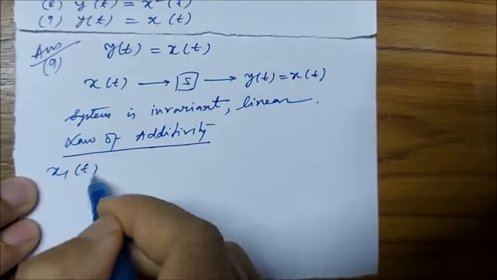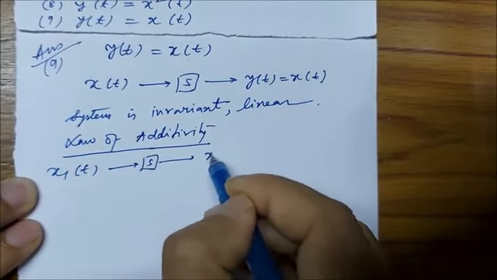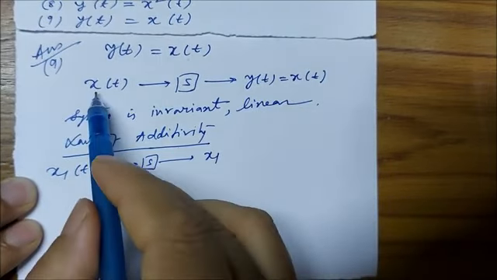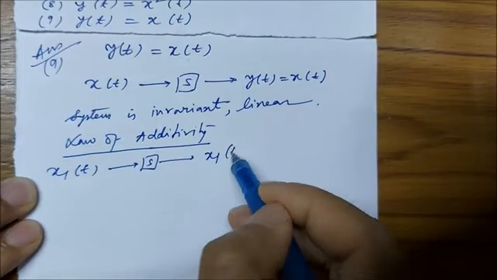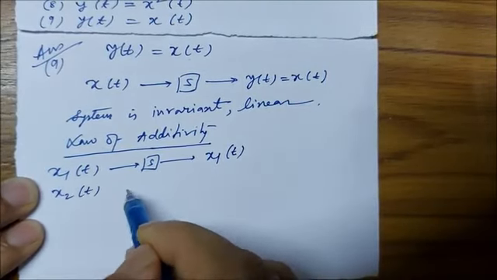So x1t on system gives us response to be the same. So x1 goes to x1, here x goes to x. And similar is the case for x2.